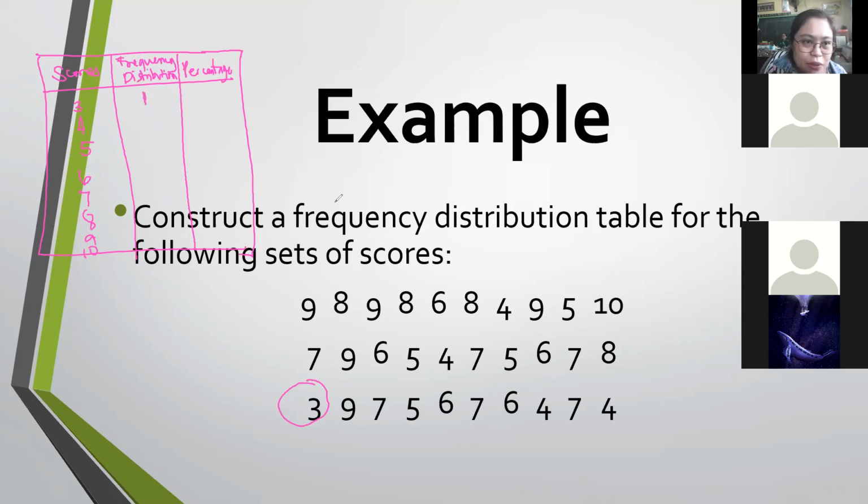Okay? So, ana lang. And then, for the score na 4, you just count. We have 1, 2. Tell me kung na ako nakaligtaan ha, kaya medyo silaw ya, dili ko kayo kaklaro. 3, and then 4. Okay.